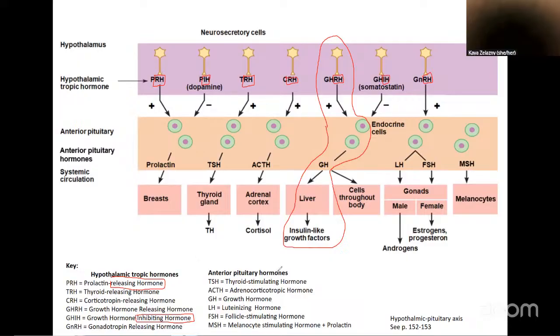We'll see that we have no rules like in the anterior pituitary hormones, but some kind of trends. For example, we have stimulating hormones, right? So we don't have any releasing hormones. We don't have any inhibiting hormones in terms of their name. But a lot of these are also tropic hormones. So instead we use the word stimulating if we mean we're going to make more of the next hormone.